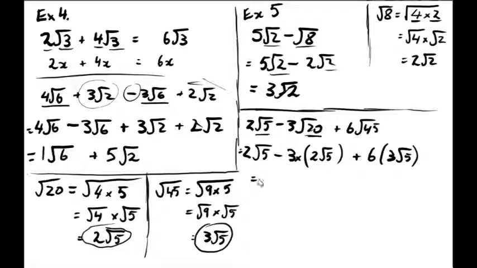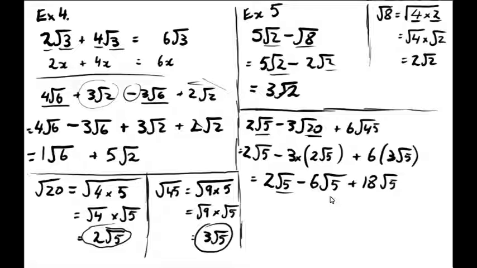So a fair bit happening over here, but if you break it up like I've done, hopefully it makes it a little bit easier. Just going to expand these brackets: 3 times 2 is 6, and 6 times 3 is 18.